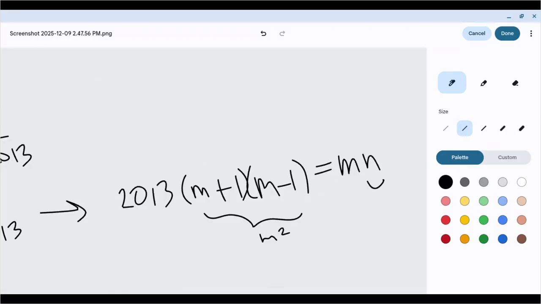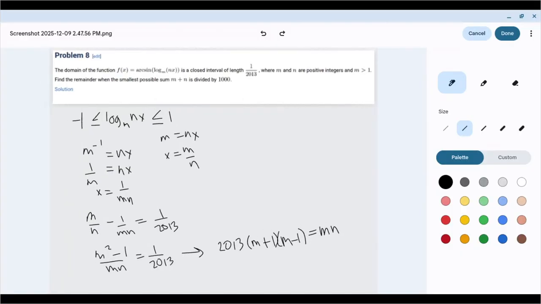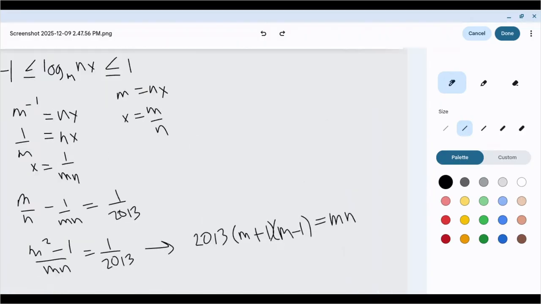So since we want to minimize m plus n, we actually want to focus on minimizing m first. But looking at the question, we have that m is greater than 1. So what's the smallest possible value that m can be? The smallest possible value is 2. So then we try 2 first.